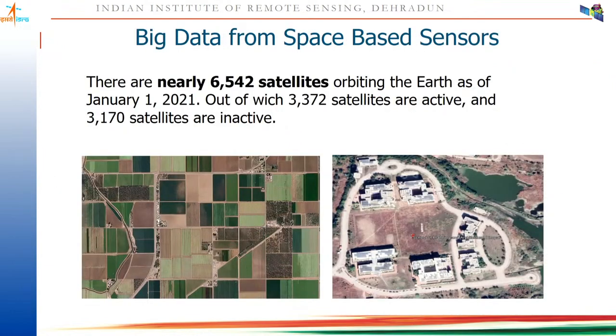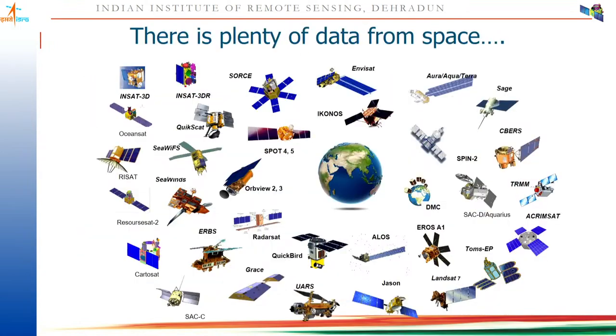If you try to understand big data from space-based sensors, there are nearly 6,542 satellites in our orbit, and out of these around 3,500 satellites are already active, and you can understand how much data these satellites must be transferring from space to the Earth. You can see the variety of sensors and satellites coming here, and they are in our data centers.